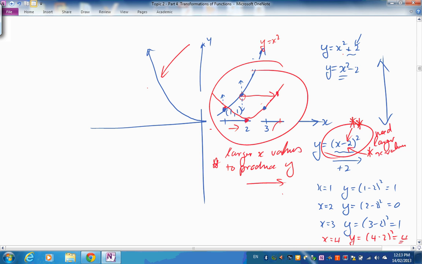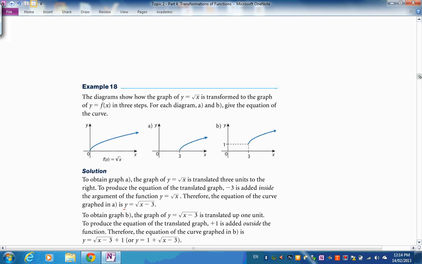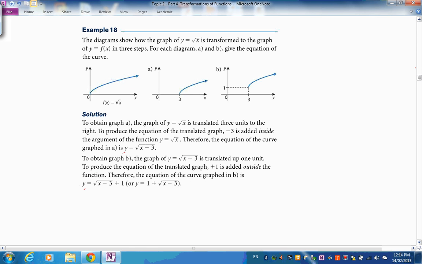It follows the sign of the constant. And in an x translation or a horizontal translation, it's the opposite sign to the constant that has been added or subtracted within that x term. All right, let's go on and have a look at some examples. We're going to do some problems now.